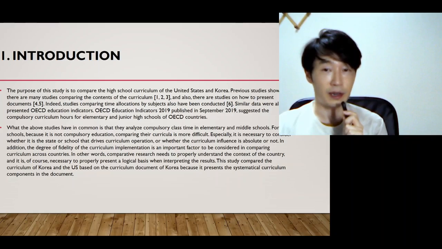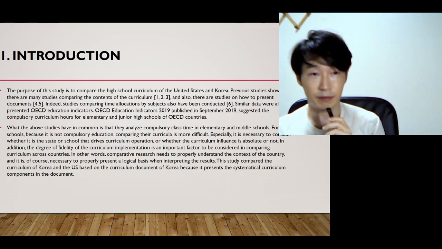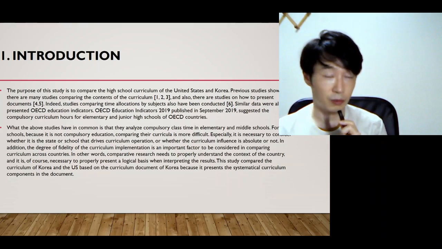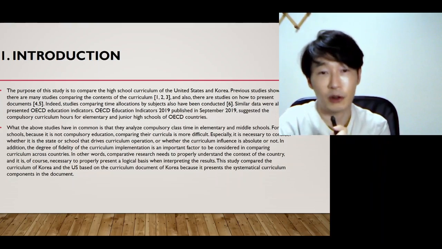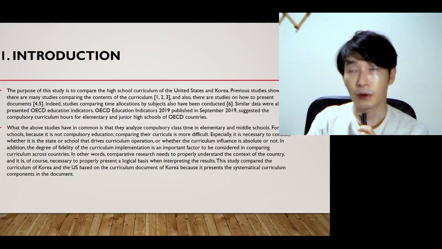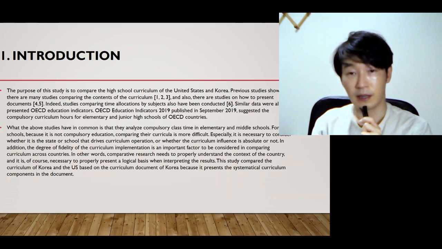We know that a lot of studies compare those countries, and they show content and time allocation. We also see similar data from the OECD, especially the OECD education indicators published in 2019.